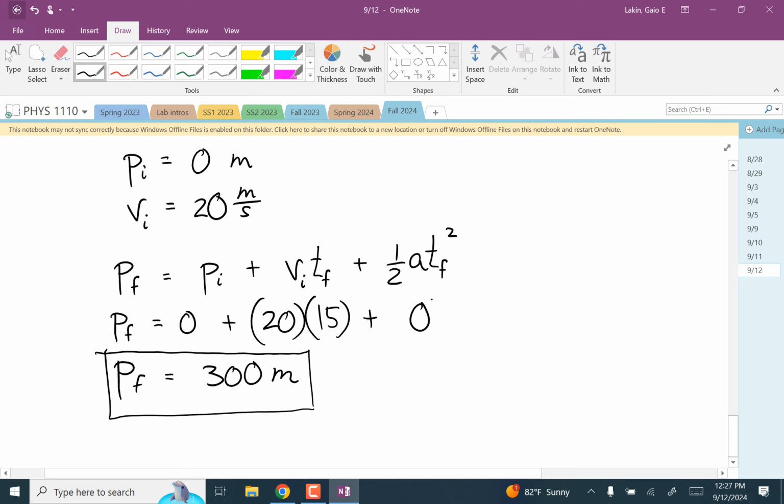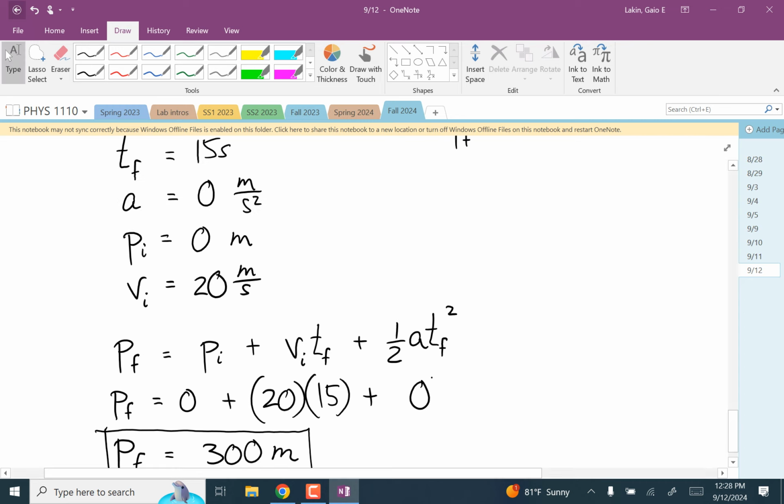Any questions about that? There are always times in this class where people on tests use distance equals rate times time to calculate something. Distance equals rate times time only works for one-dimensional problems where the acceleration is 0. And that's what happened here.